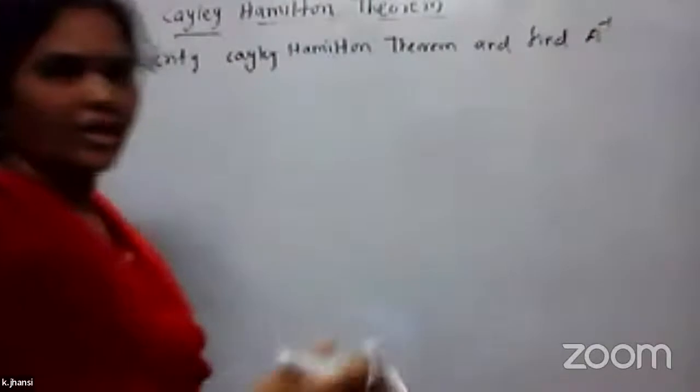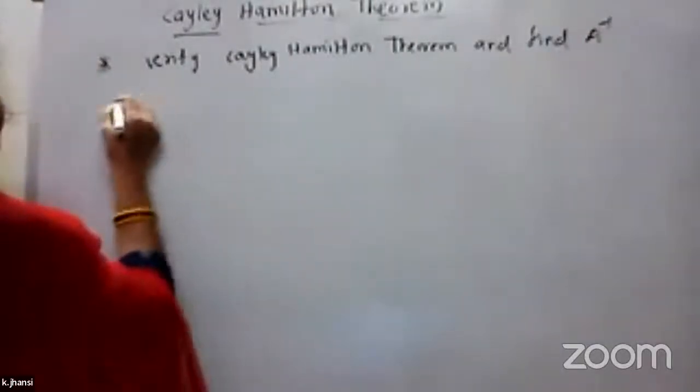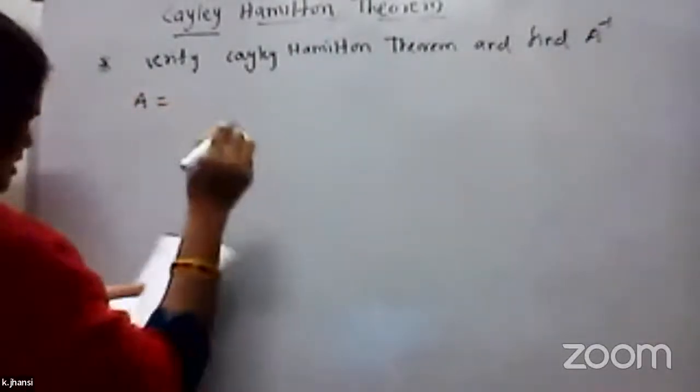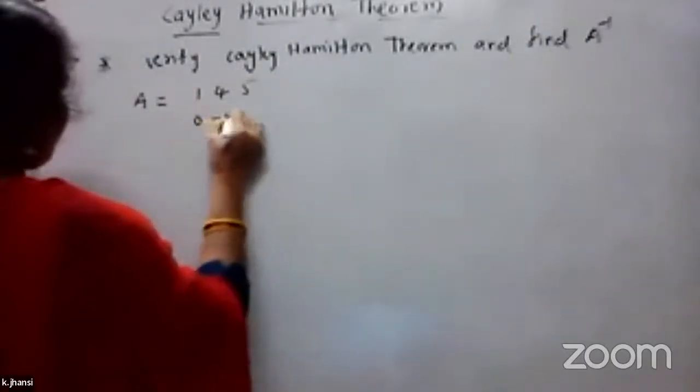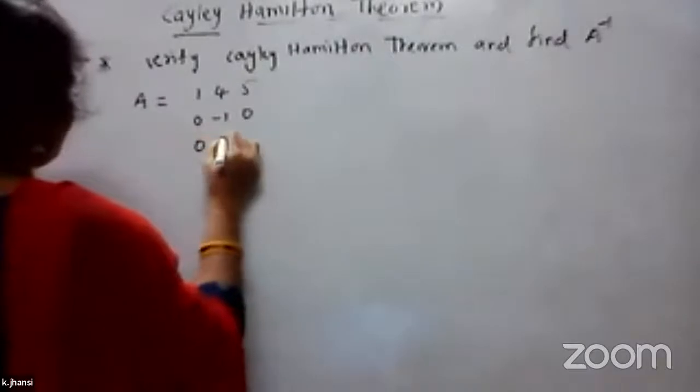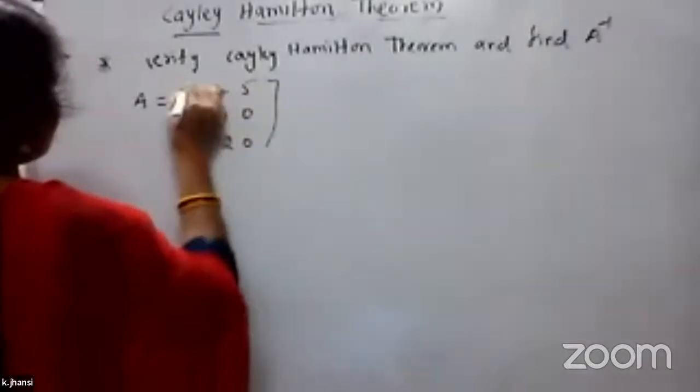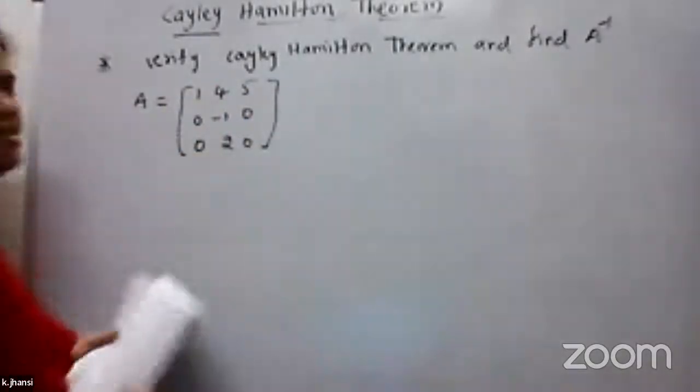Or find the inverse of A, different questions like this will be there. The given matrix is A equals 1 4 5, 0 minus 1 0, 0 2 0. This is our matrix A.